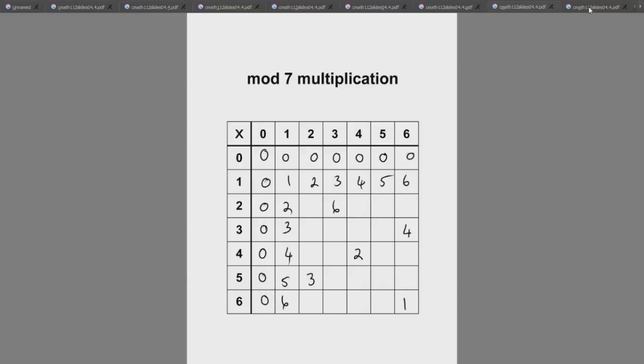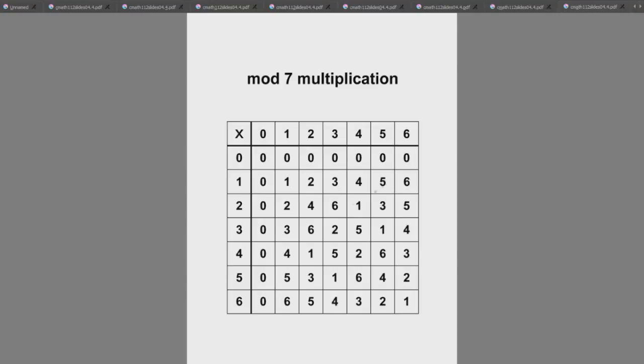Okay, let me show you all the other numbers. You see here in this case, contrary to the mod 4 multiplication table, all the numbers do feature in every row. And 4 and 7 are not the same. They have different properties.